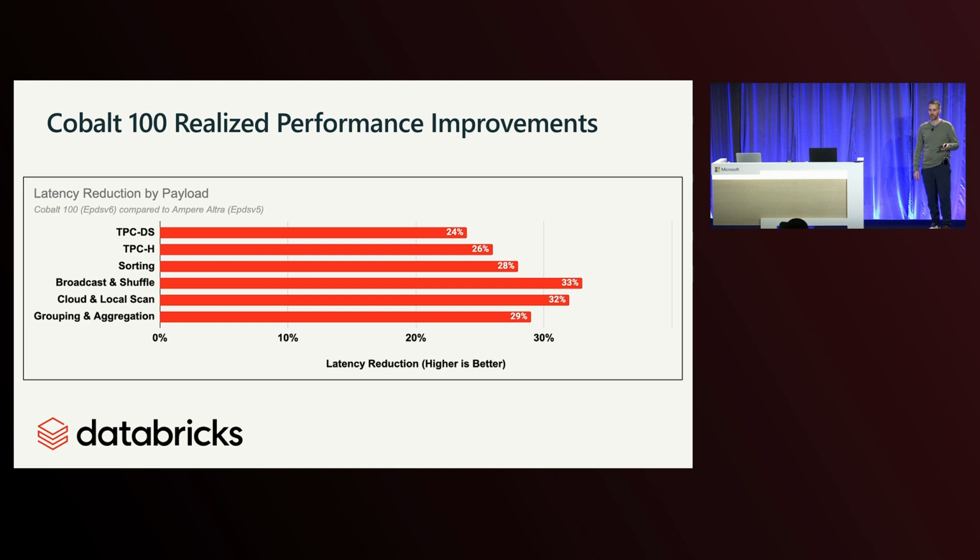But TPCDS and TPCH we find are very valuable for a couple of reasons. One of the reasons is that it's an actual end-to-end benchmark which exercises the entire Azure Databricks and Databricks runtime system with Photon. So by doing that, we're able to actually quantify any overheads that may be inherent within the system, and then the output that we get from this type of performance evaluation is very similar to what a customer with a similar workload should expect to see.